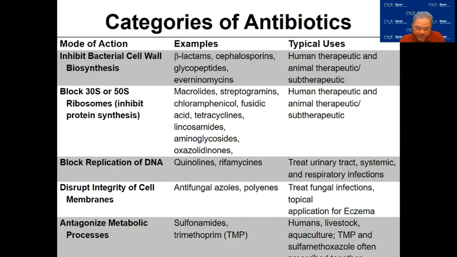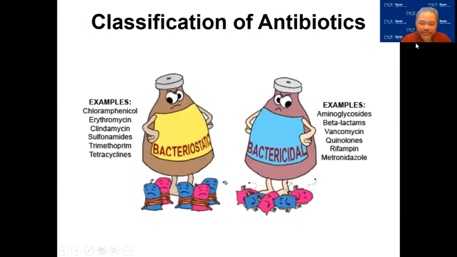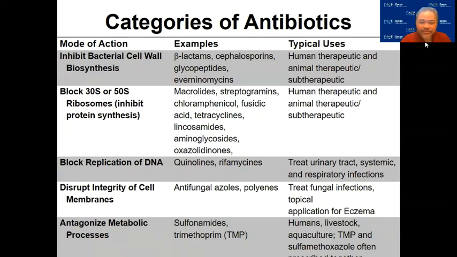Now, if we look at the categories of antibiotics, we can classify them based on their mode of action. The first mode of action is inhibiting bacterial cell wall biosynthesis, which includes the beta-lactams, cephalosporins, glycopeptides, and ninomycins. An example that can be included here is penicillin.